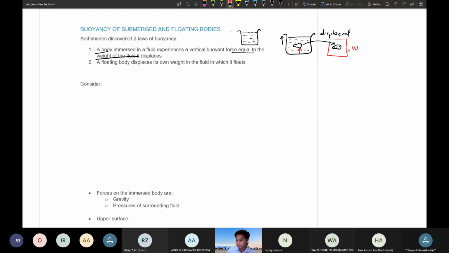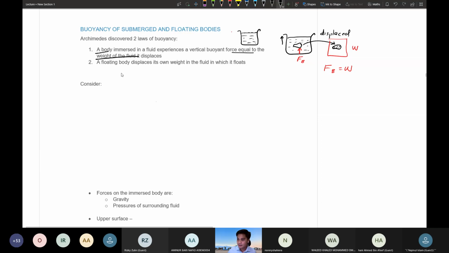So this weight and this buoyancy force are equal. This is the principle of buoyancy. So far, you guys understand? Yes, doctor. Okay, good.